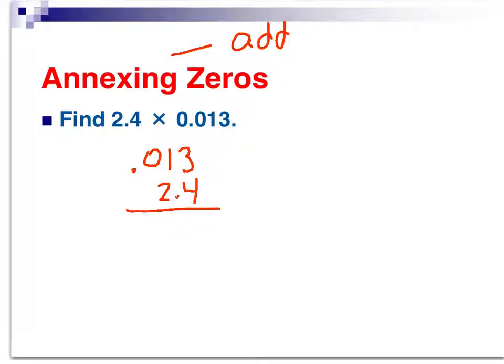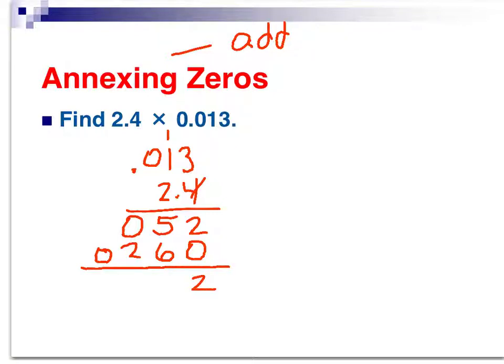So, again, I'll solve it like I had in the previous two examples. I'll ignore the decimals at first and multiply 4 times 3, which is 12. 1 times 4 is 4, plus 1 is 5. 4 times 0 is 0. I will add a 0 as a placeholder, and now take 2 times 3 for 6, 2 times 1 for 2, and 2 times 0 for 0.